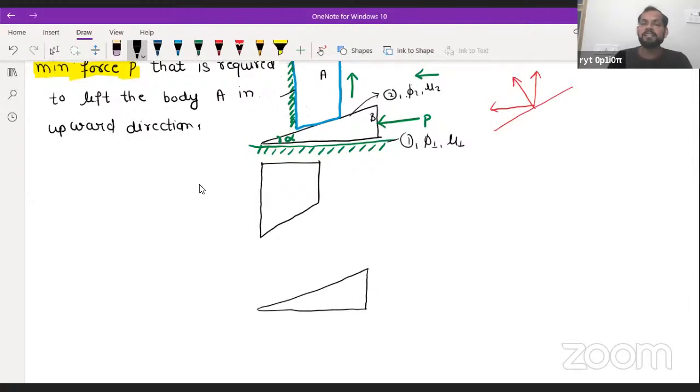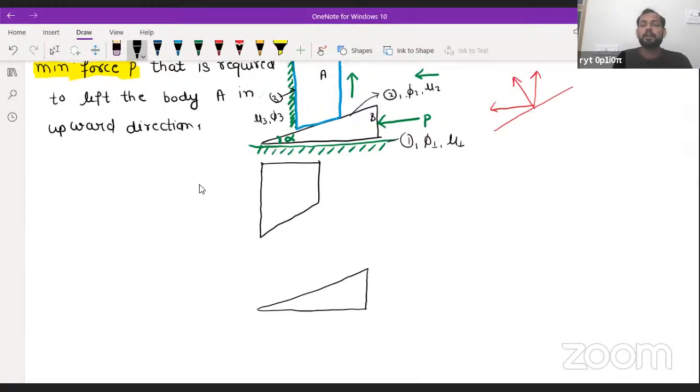And this is surface 3, so the coefficient of friction is mu3 and the angle of friction is phi 3. Either the coefficient of friction or the angle of friction will be given to you, because you know the relation between them and can easily calculate it. Fine. Okay.